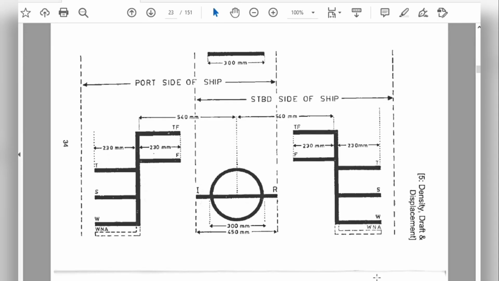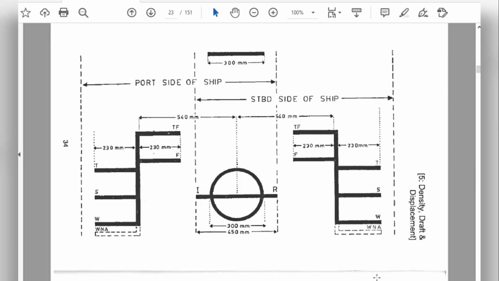So, if I am going from fresh, it means from Haldia to Chennai, I want to arrive at Chennai at summer mark.